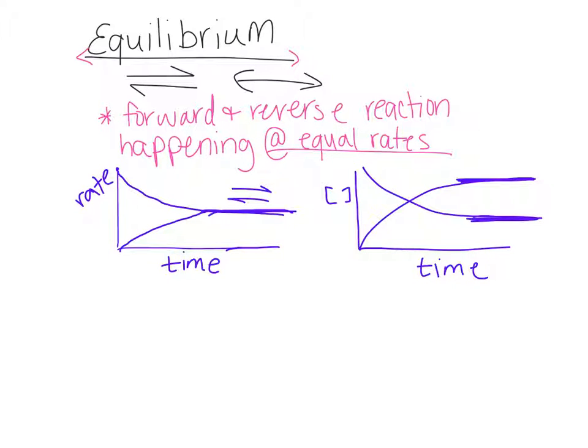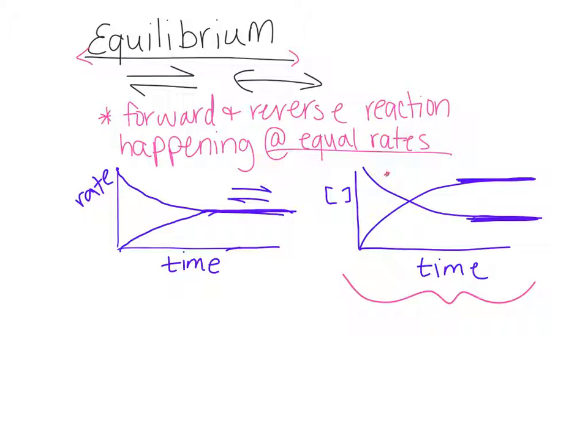So, question. On this next graph that you just drew, which one do you think is representing the reactants? The top line or the bottom line? We're talking about just this graph right here. The top one, because it's decreasing, right? We started with all of these reactants, and if we're using them up, hopefully the concentration starts going away.